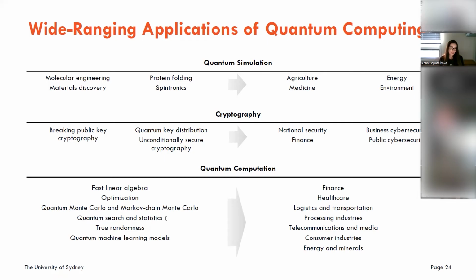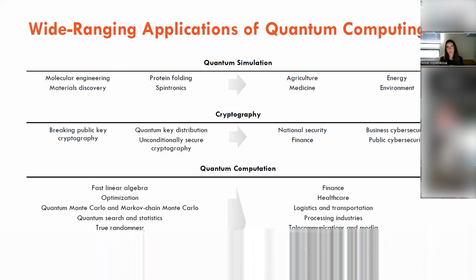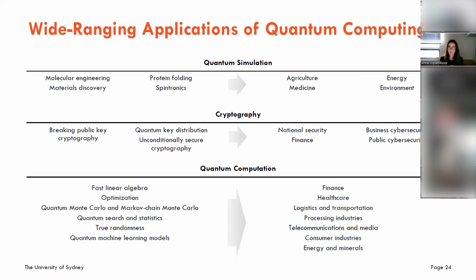The first type of quantum algorithms are the quantum simulation algorithms that can enable molecular engineering, so engineering of pharmaceuticals and fertilizers and energy solutions at a molecular level. Materials discovery, protein folding, that's very important in medicine, like Alzheimer's and Parkinson's and so on. And this has dramatic ramifications for very important sectors of the economy.